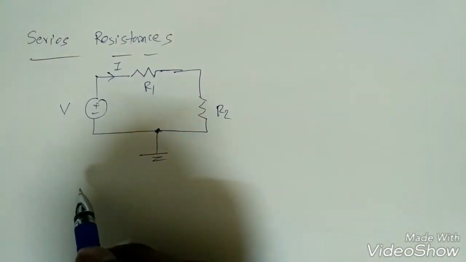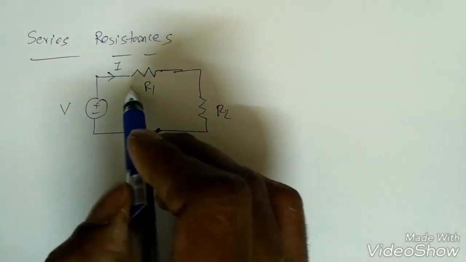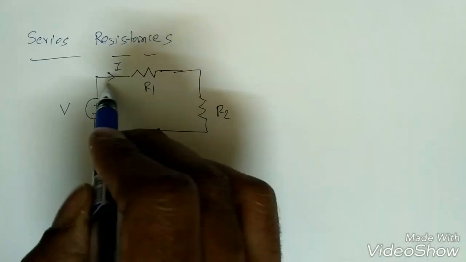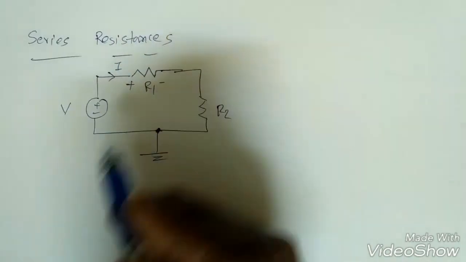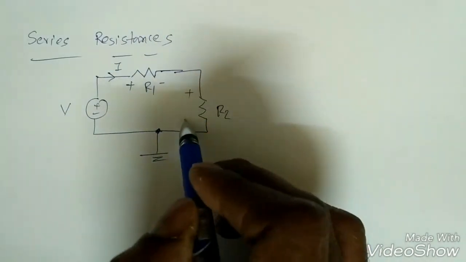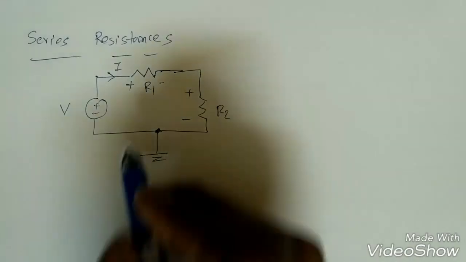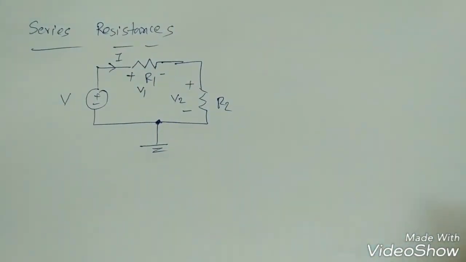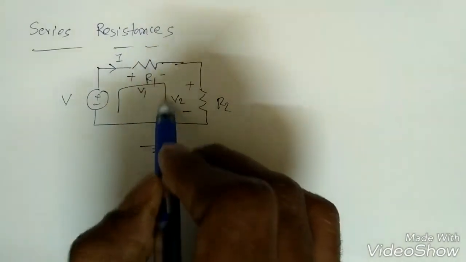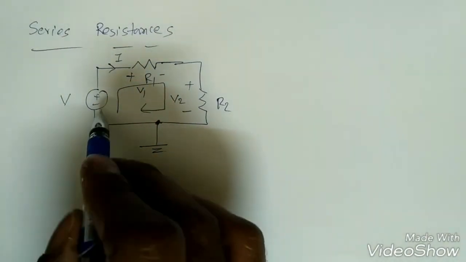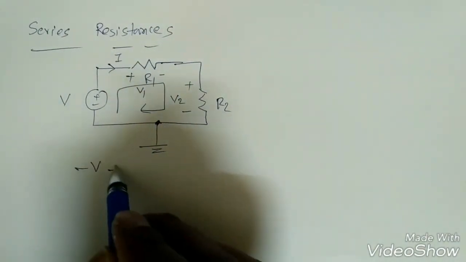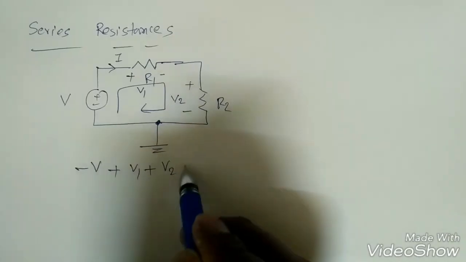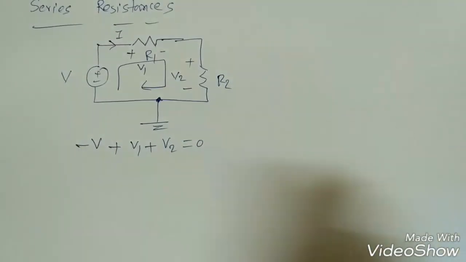Now again, how to apply KVL. When you are giving a direction, this is incoming, so plus minus will be here, and here also plus minus. Suppose I assume this is V1 and this is V2, right? If I apply KVL around this single loop, entering, that is minus V plus V1 plus V2 is equal to 0, right?